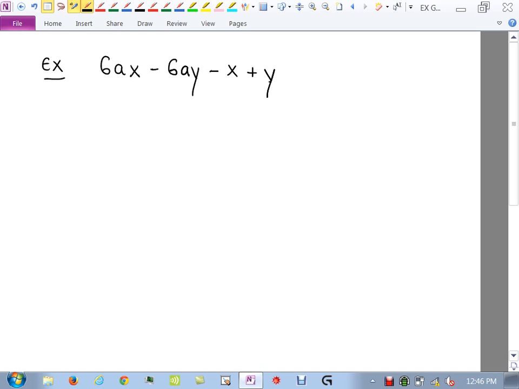Instructions here are to factor. Basically, we're going to be factoring for the next week and a half, so I'm kind of implying factoring here.